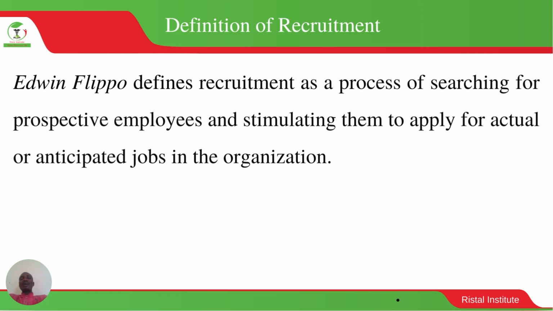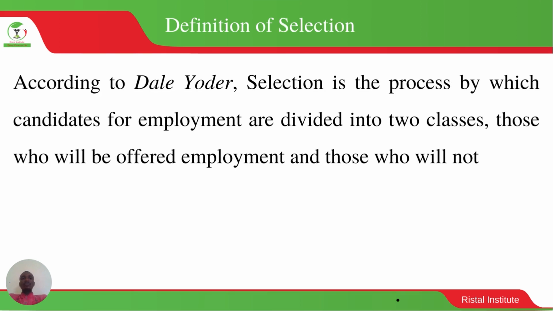When you are applying for the job, they normally indicate if it's a current job, and if it's an anticipated project, they also indicate, so that you know when they'll be calling you for the interview. So basically, this is the definition of recruitment as a function of the human resource department in an organization.